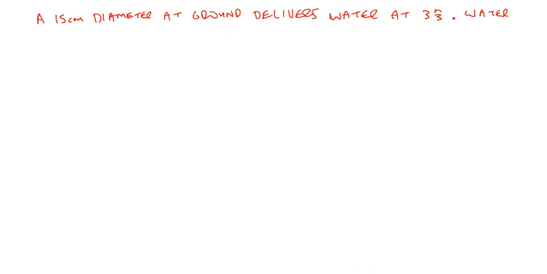Water goes up to the 4th or the 16th story, whatever you want. Water goes up, pick a number here, 30 meters, and into a 1 centimeter pipe. That'd be about a 1/2 inch pipe, which is what we use upstairs.